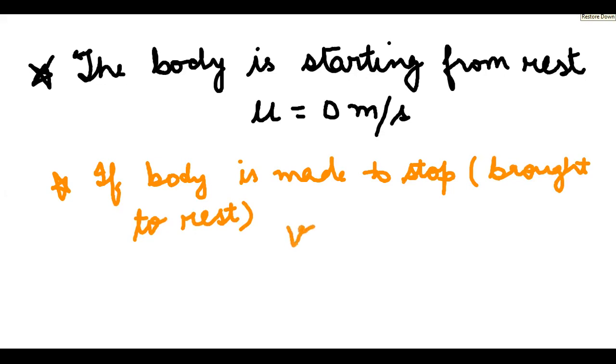That means its final velocity will be taken to be 0 meters per second. So if the body is at rest, initial velocity is 0. If it is brought to rest, then final velocity is 0.